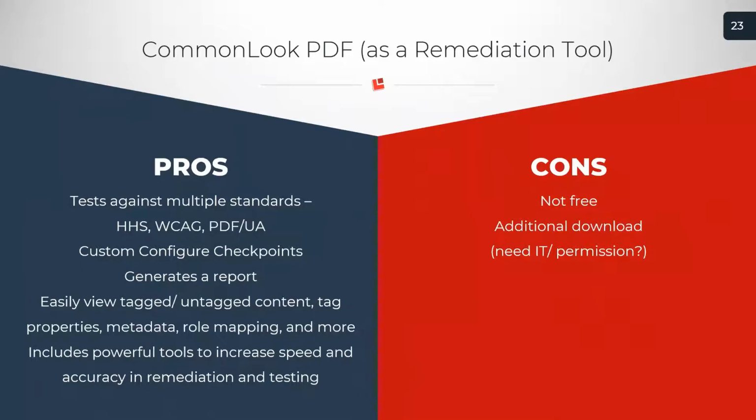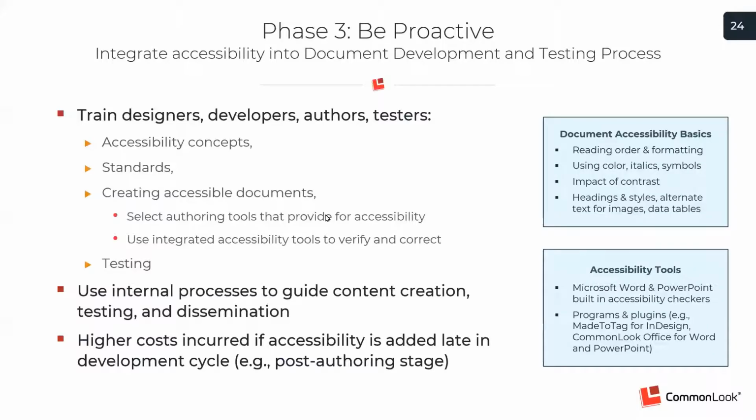The cons are, of course, it does have a cost, and it will probably require some training to get the most out of the tool. Those are really the only 2 tools that are out in the market as remediation tools. There are some other products out there that do some automation and some auto tagging, but you're typically still going back into some other tool to do your final cleanup and your compliance testing. So I've left those out of this conversation for right now.